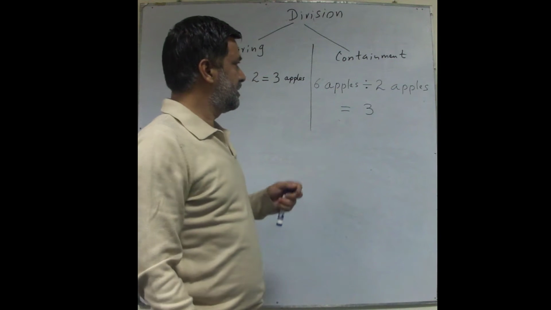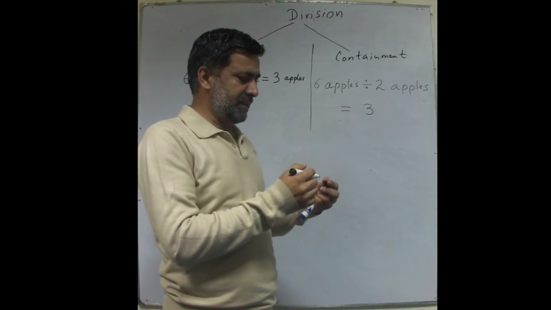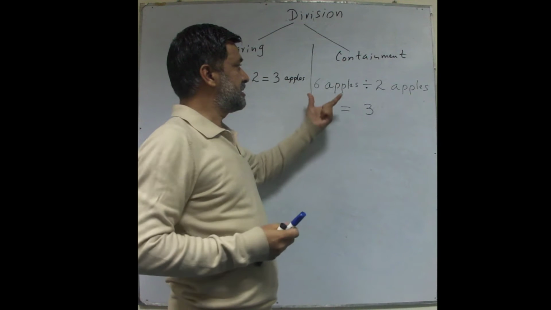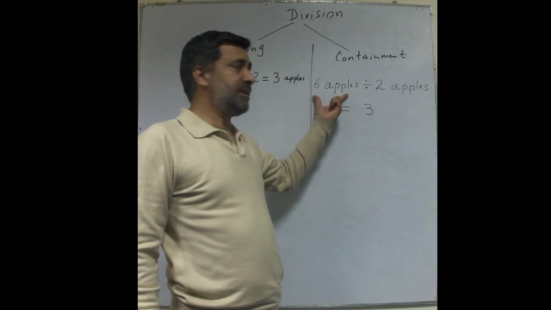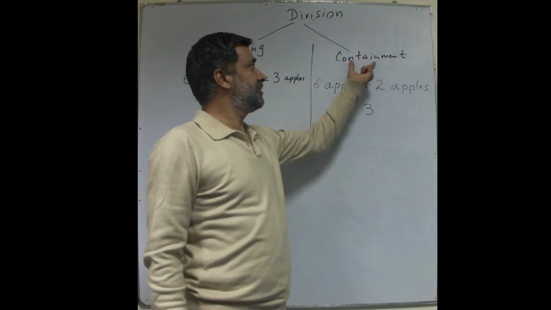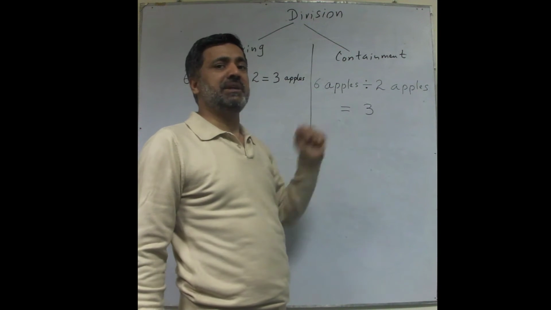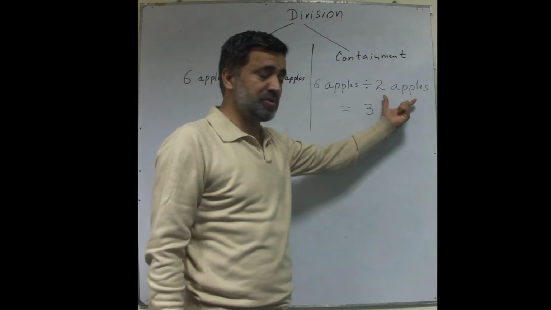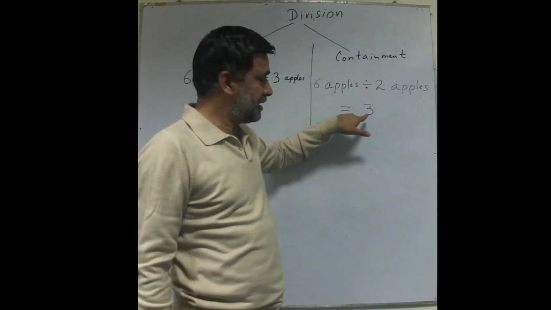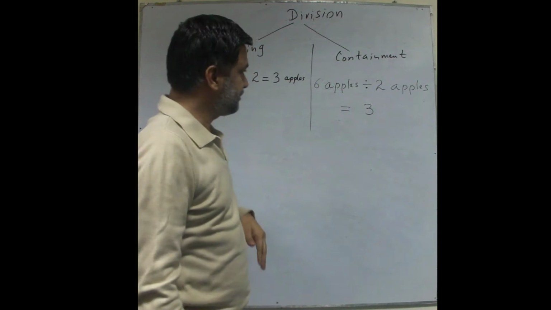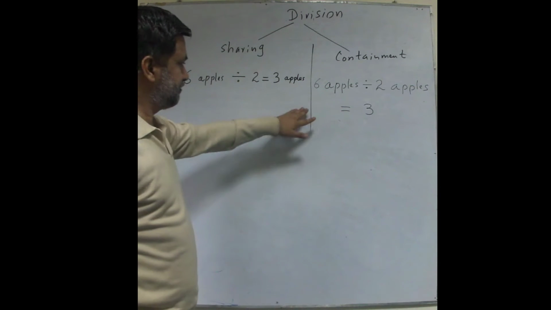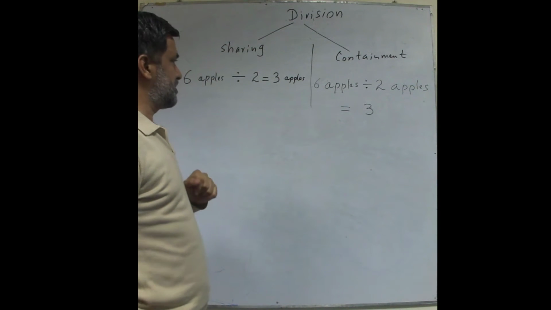Another way of saying that is the group of 6 apples contains, you see containment, contains the group of 2 apples 3 times, so that you can give those groups to 3 persons. So far so good.